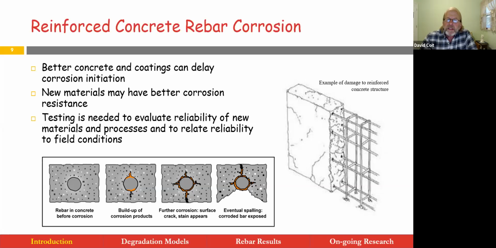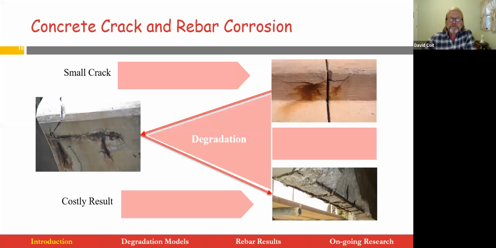We need testing and data analysis to evaluate the reliability and to relate reliability data that has been collected in a laboratory, and what does it really mean? Can we relate it to field performance? That's still ongoing, but that was the goal of our efforts here.